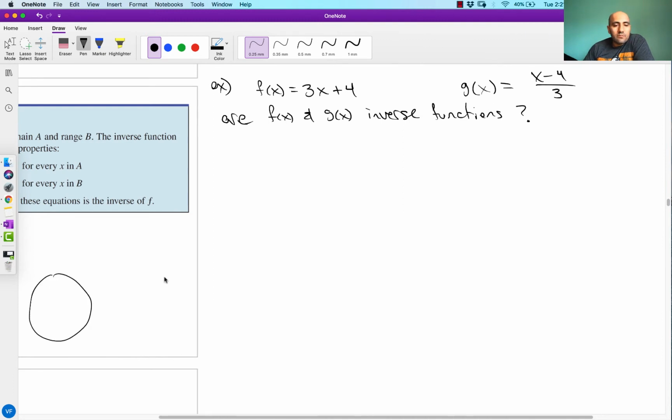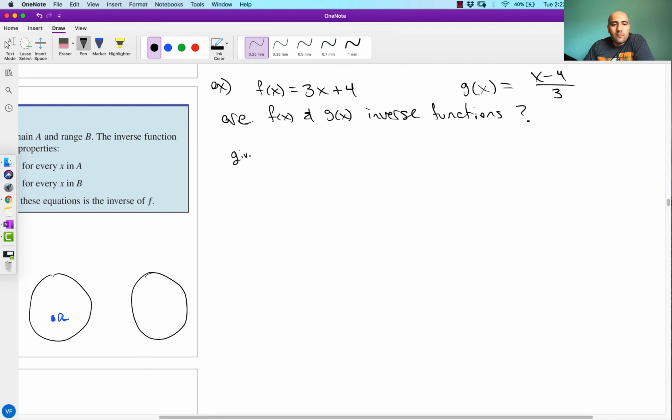So using my little jelly bean things, I'm going to start off with some value, let's put it in blue. Some arbitrary value in the domain. I could use x, but as I said, we use x way too much, so I'm just going to use a. So let's say a is in the domain of the f function.